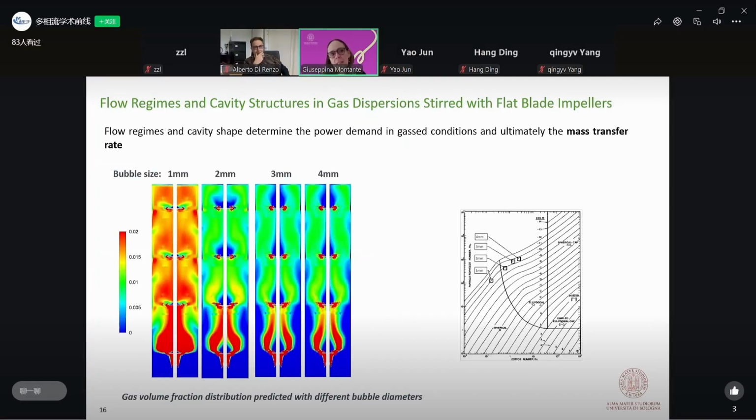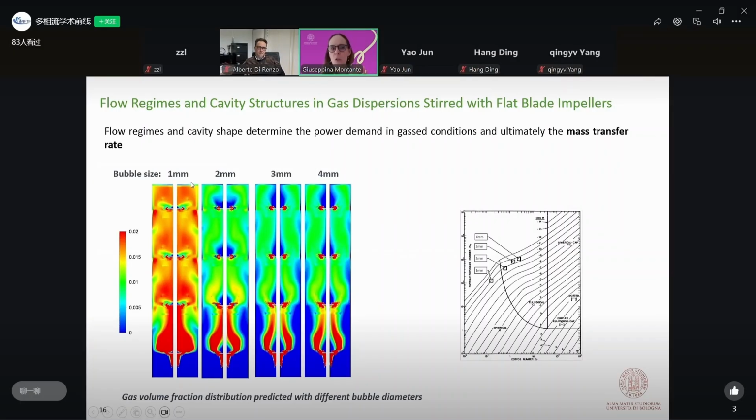Why I say that gas-liquid systems are much more complicated is obvious, because we don't know in advance the bubble size distribution. So depending on the assumption that we make on the bubble size, we can get a totally different picture of the gas-liquid fluid dynamics inside the system. You see that moving from 1 to 2 millimeter of bubble size.